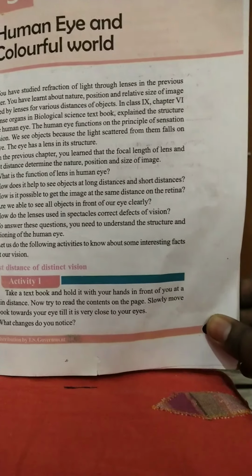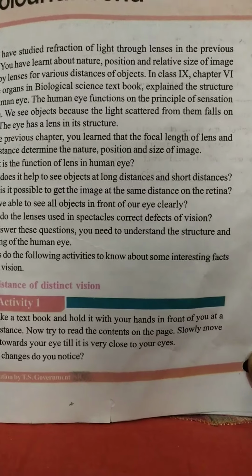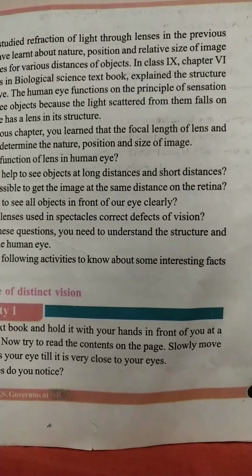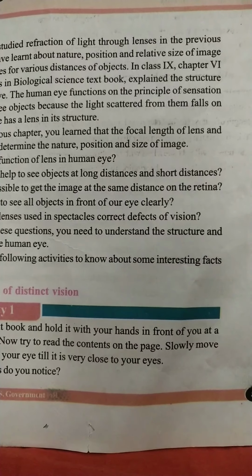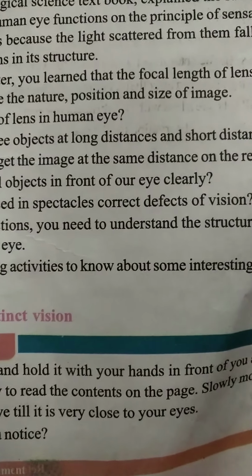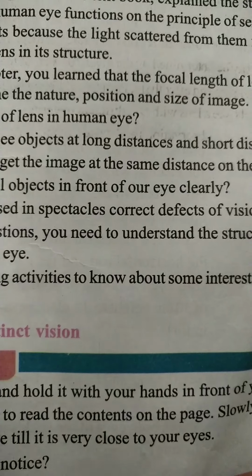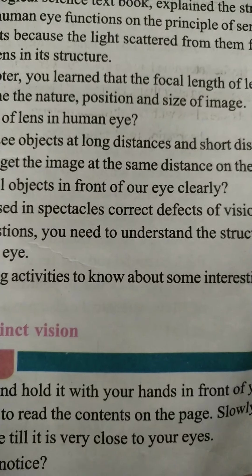So again you can observe, here I am moving the textbook slowly towards the lens. What you observe is that the portion of the image we are finding decreases, and the number of sentences also decreases. And to read the entire space, our eye is going to get strained.